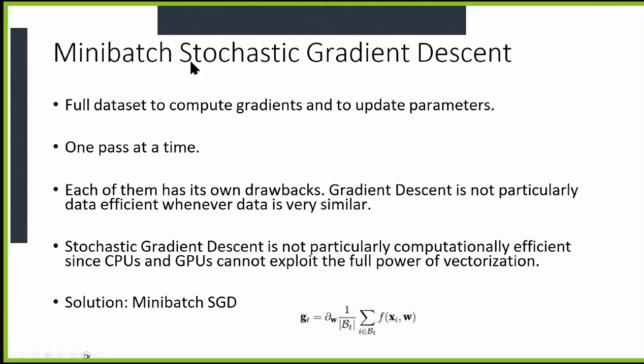Instead of having one example or the full training data set, we sample a batch of training data points, compute the gradient based on that subset of training examples, and apply it for the model weight update. This is computationally more efficient compared to batch gradient descent, but less noisy than stochastic gradient descent. So that is the middle ground.